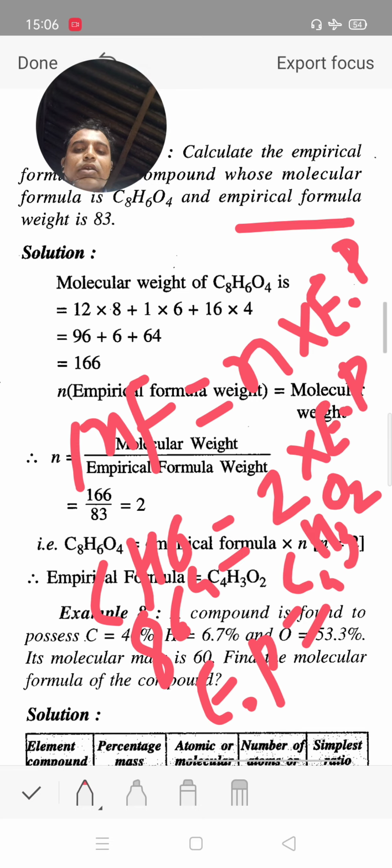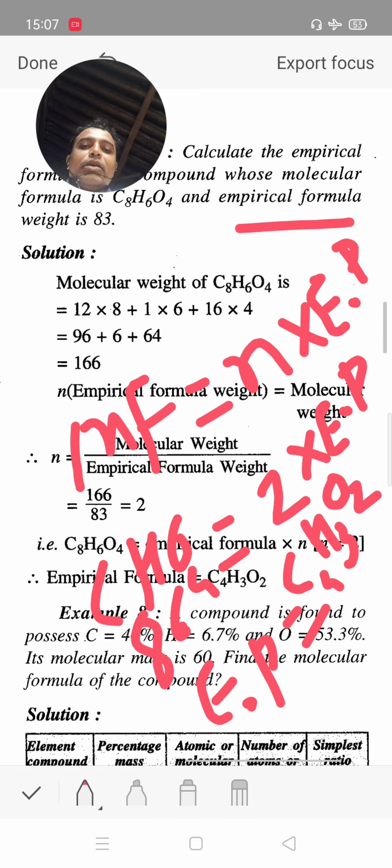First we calculate the molecular weight of C8H6O4, which is 166. Then we calculate the n value. The n value is equal to molecular weight upon empirical weight.